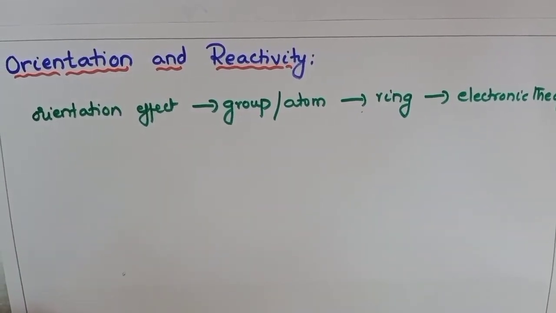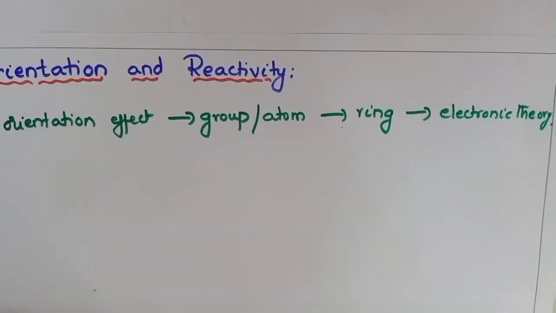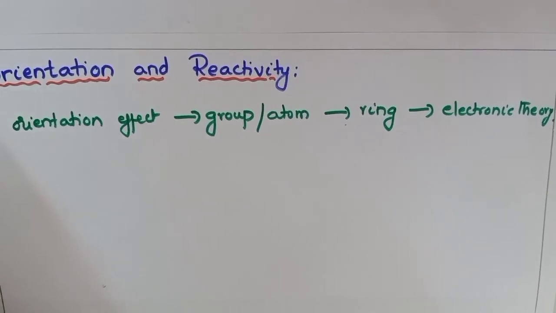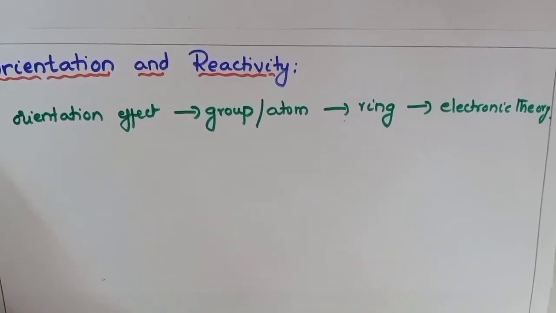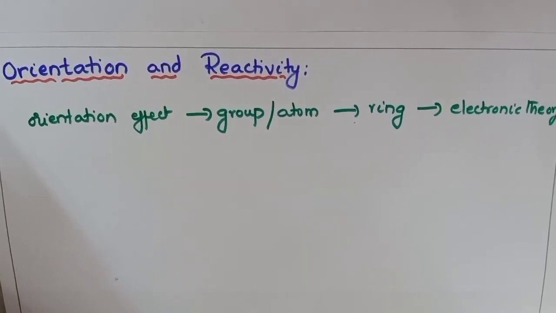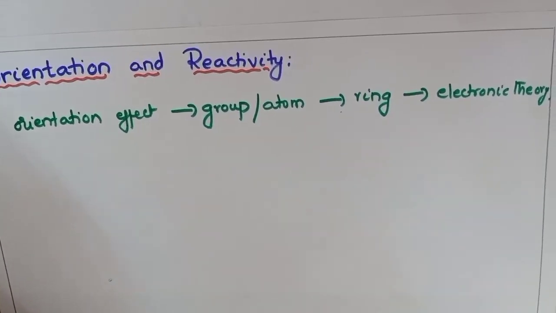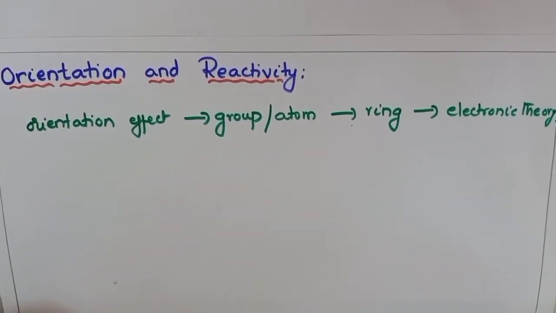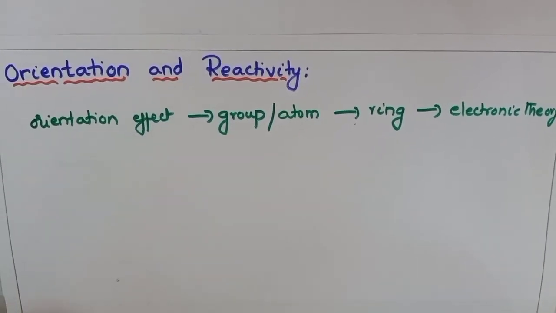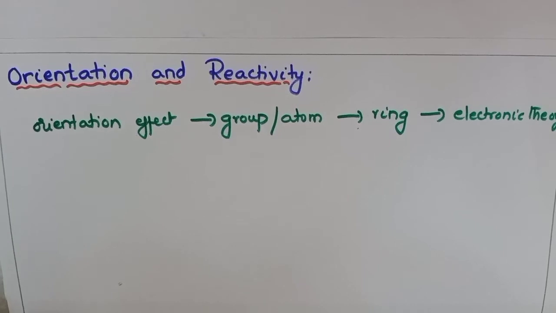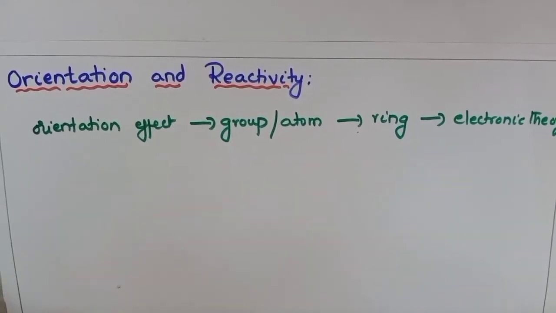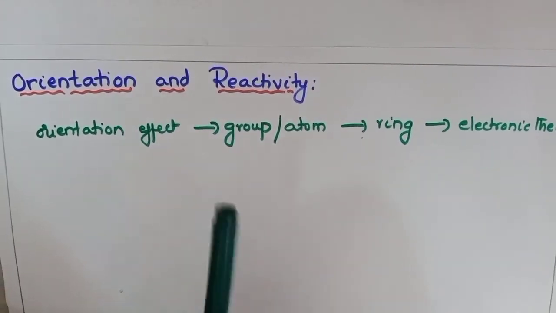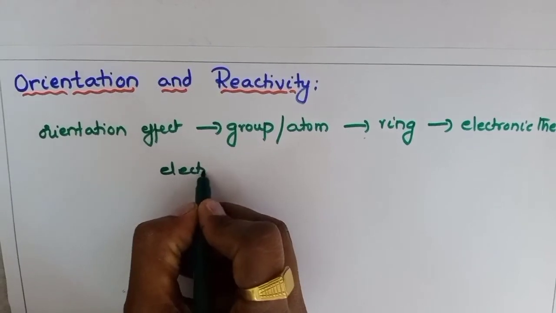I told you, it is entirely based on the orientation effect or directing influence of the group or atom present on the ring, and this orientation effect is well explained by electronic theory. So what does it tell us? We have already seen that, students, in benzene or any other aromatic compound, electrophilic substitution reactions most commonly occur, and also the electrophile will attack that position of the ring where electron density is high.